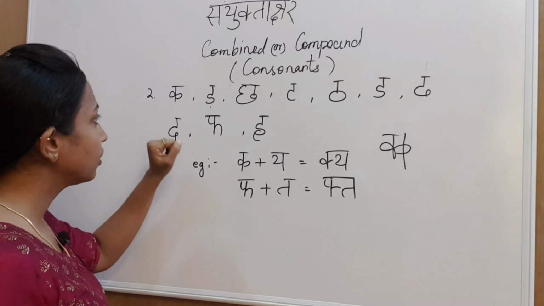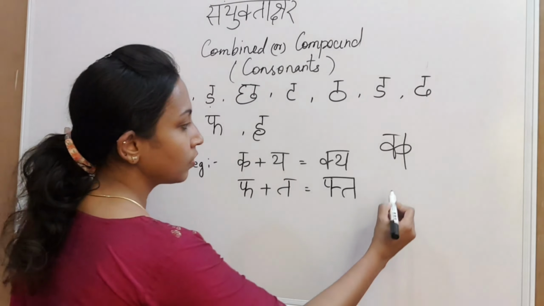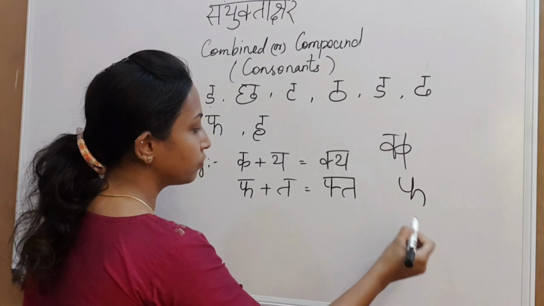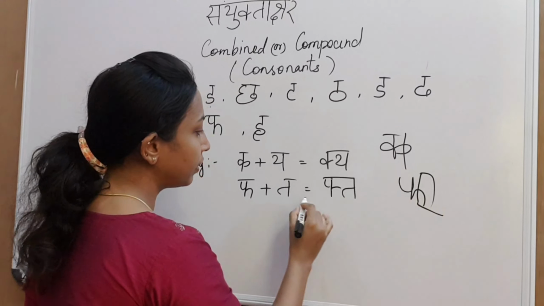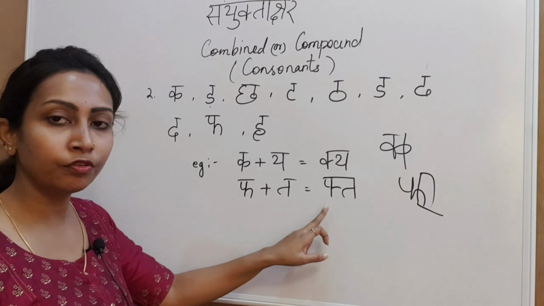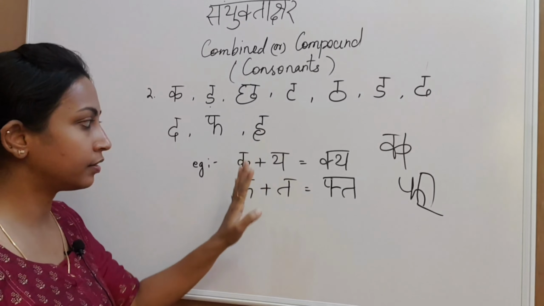In the same way, when fa joins with the, half of the letter is cut off and we get ifthe. So this is one way of writing these letters.